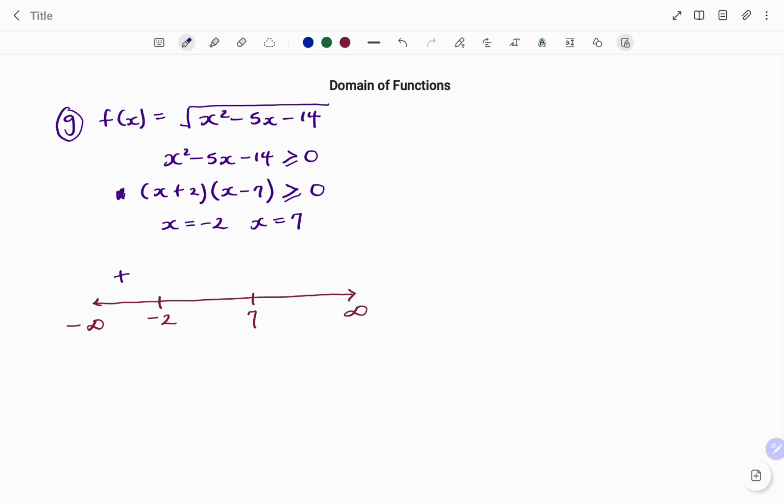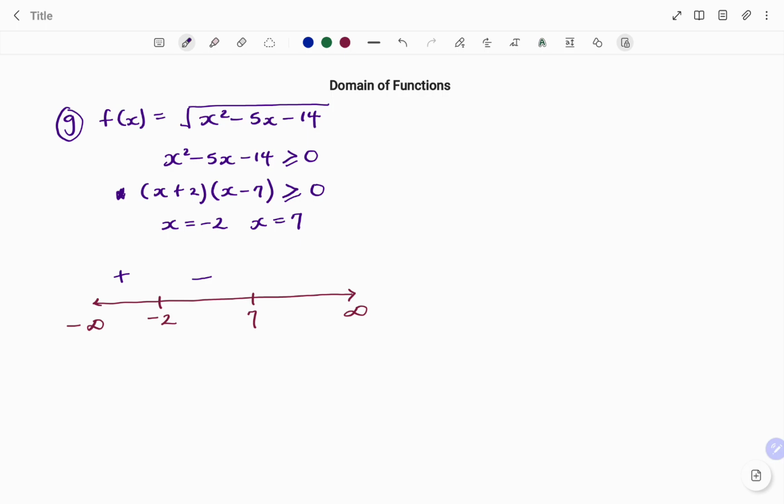So this is positive. However, if I test values between negative 2 and 7, I'm going to get a negative number, which won't make my equation valid because I need values that will make that expression x squared minus 5x minus 14 greater or equal to 0.